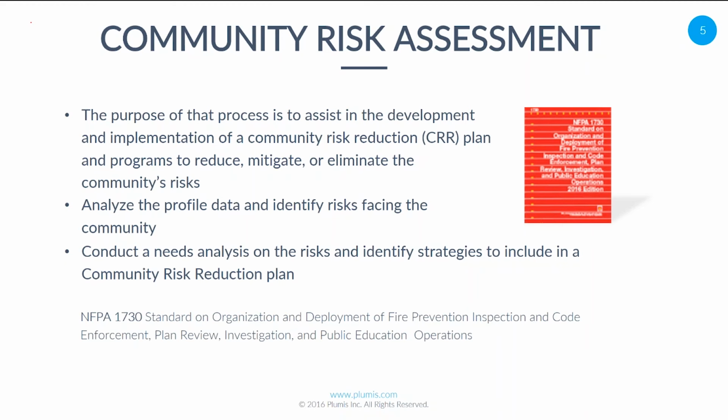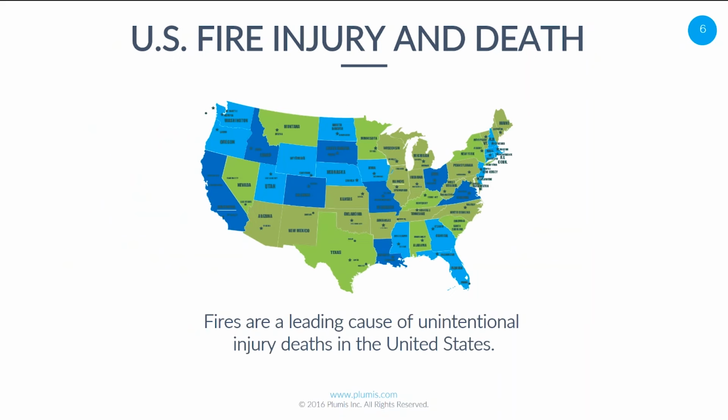I think everyone that is with us this morning knows that fire is a leading cause of unintentional injury and death in the United States, particularly when we look at older adults. When we start to break this down for the adult population, we find that older adults are 3 times more likely to die in a fire than younger adults.